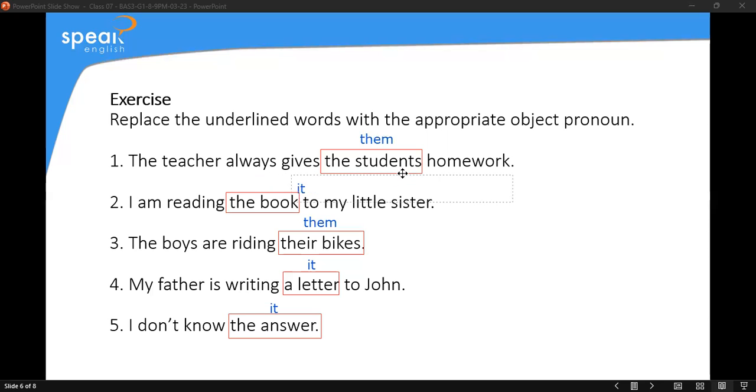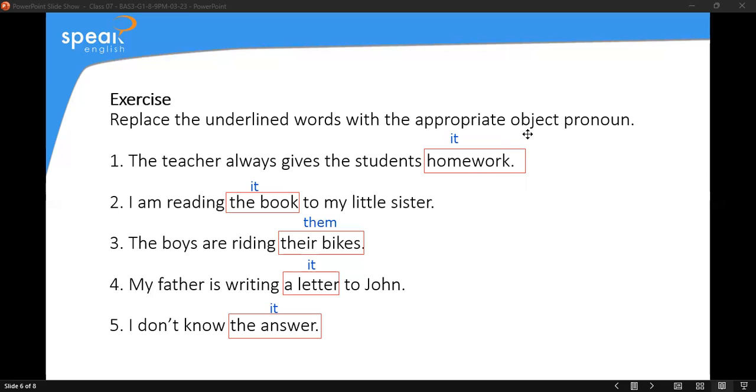The students? Okay. So then we say that actually the homework is the object. In this case, what does the teacher give to the students?